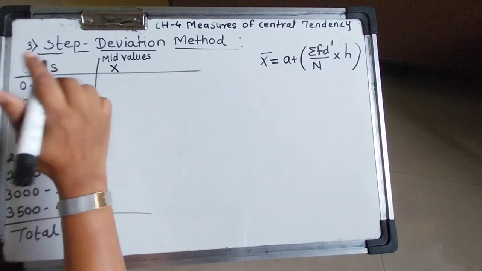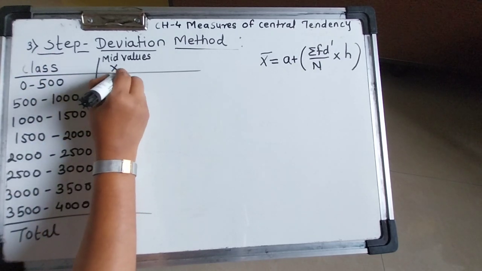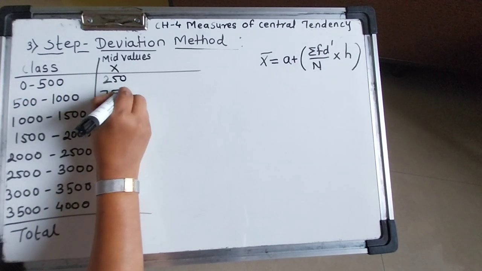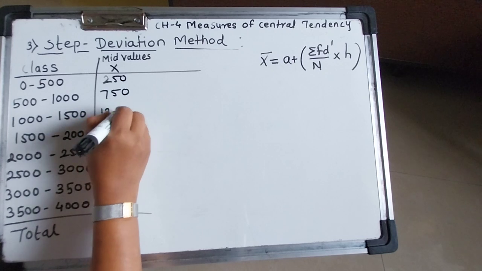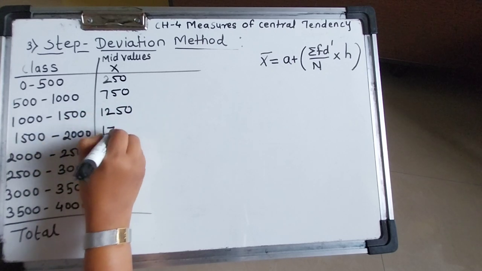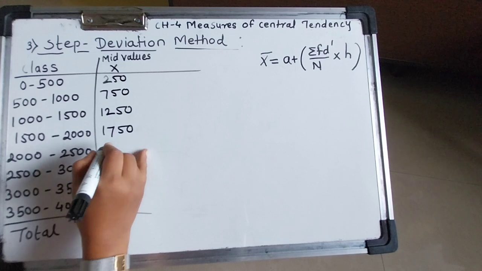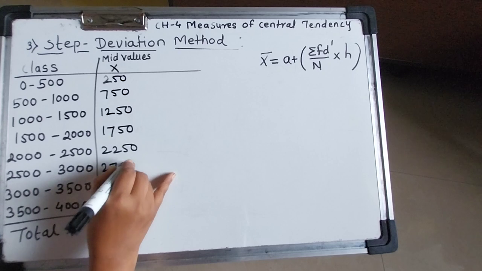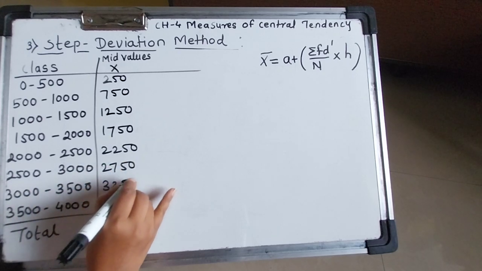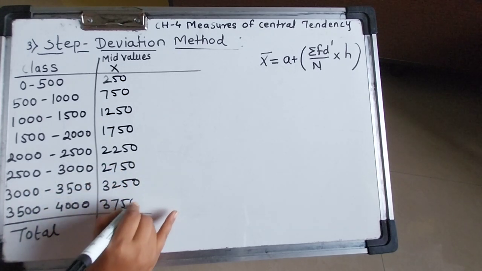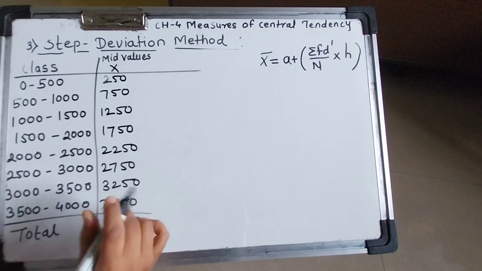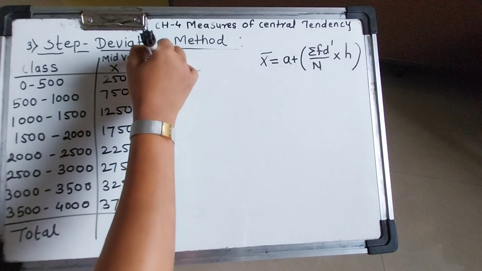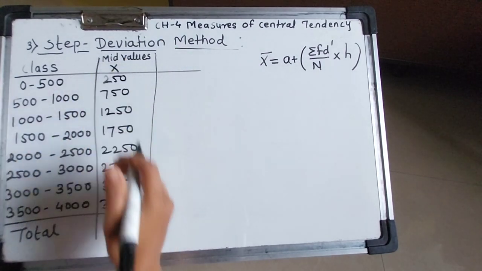So 0 plus 500 divided by 2 is 250, 500 plus 1000 divided by 2 is 750, then 1250, 1750, 2250, 2750, 3250, and 3750. These are the x values.